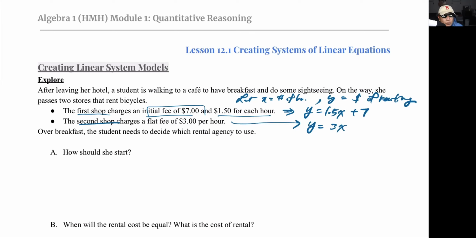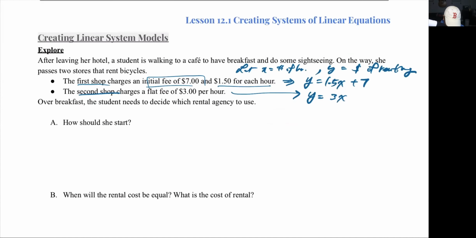Well, the student needs to decide which rental agent to use. The underlying concept is that we do not want to spend more money than we have to, so we're looking for something cheaper. But when something is cheaper or more expensive, we have to know where the cost is the same. To answer these questions, guys, how should we start?